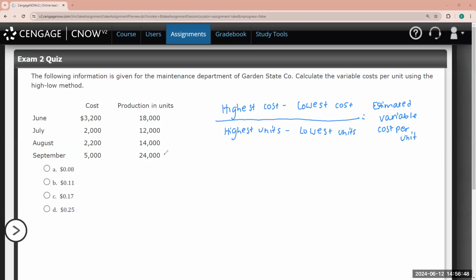So here we see that our highest cost is September, 5,000, and our highest units, 24,000. All right, September is our highest, and July represents our lowest.